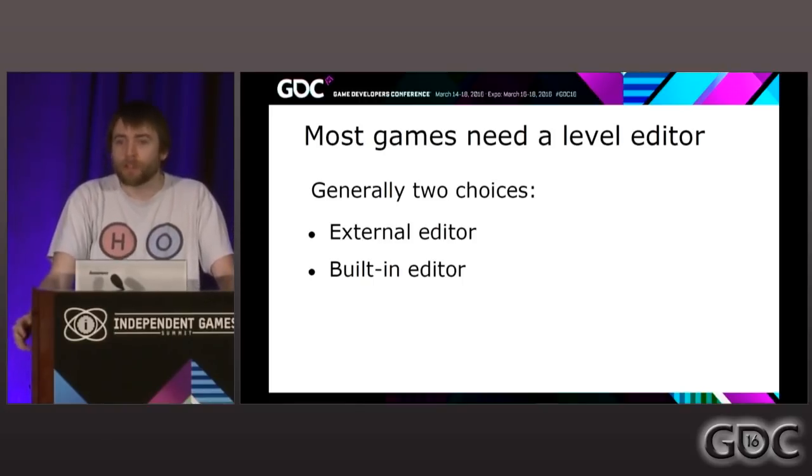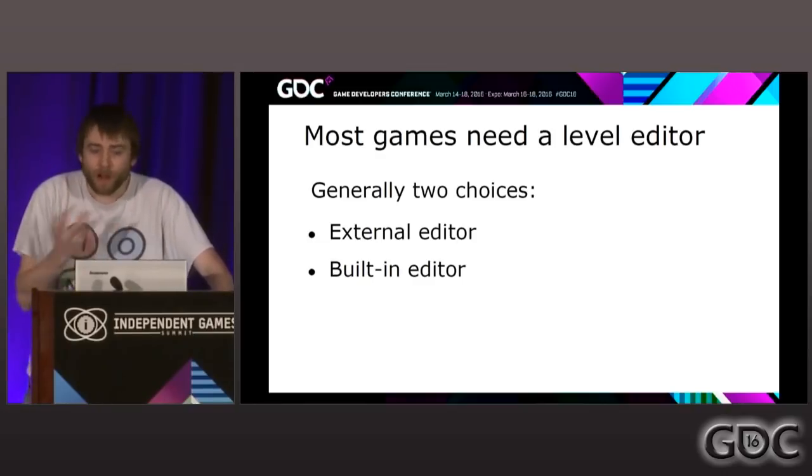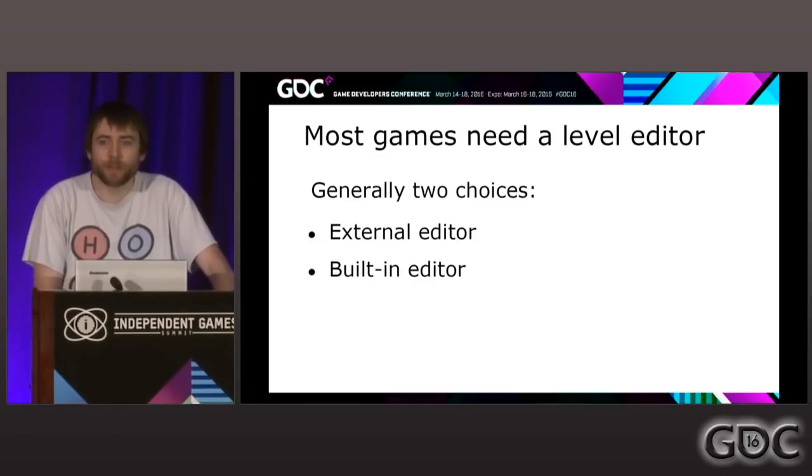But the downside with a built-in editor is you have to make it yourself. And that can mean it's not as high quality as a tool that somebody else has written. Or it can mean you've got editor code seeping into your game logic, and weird bugs come up where, oh yeah, this will work, except when you actually make a normal build and, oh, it's assuming there's an editor attached. So those are the two ways that people normally do things.